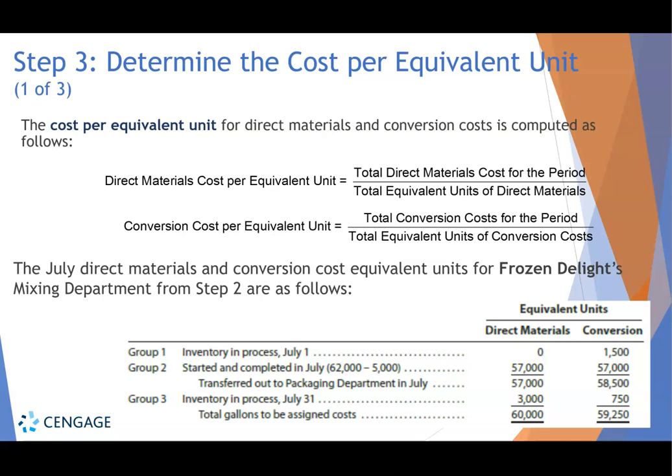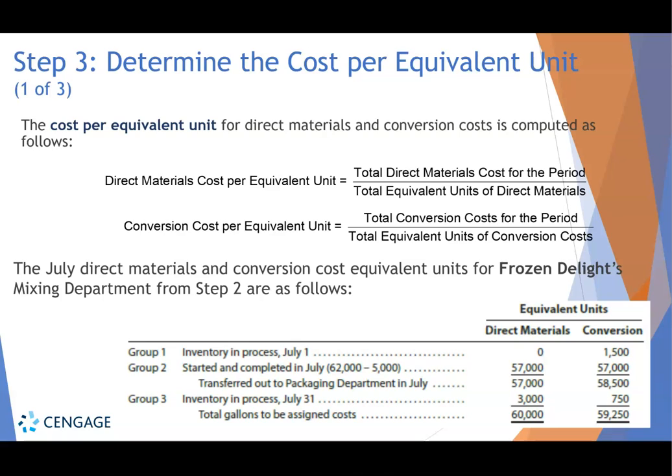The direct material cost would be the total direct material cost for the entire period, divided by our total equivalent units of direct materials. For conversion costs, it's the total conversion cost for the period, divided by our total equivalent units of conversion costs. The July direct materials and conversion costs units for Frozen Delights mixing department is shown here.